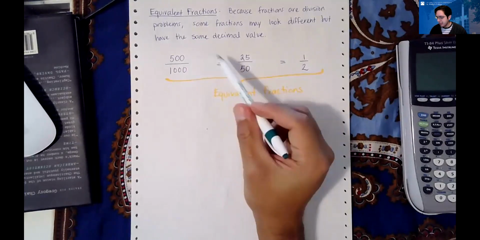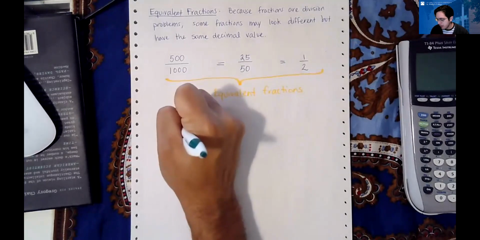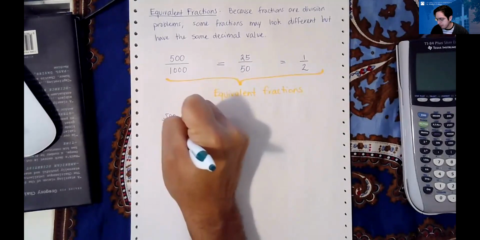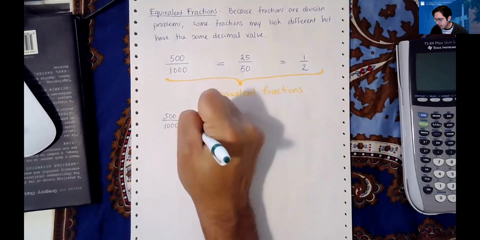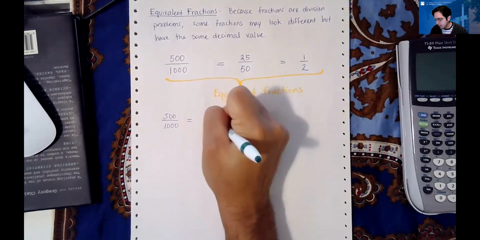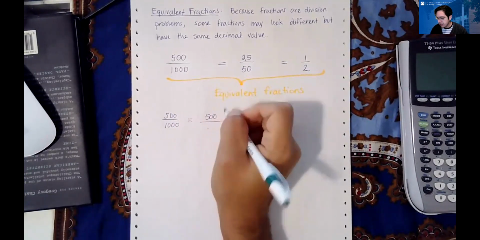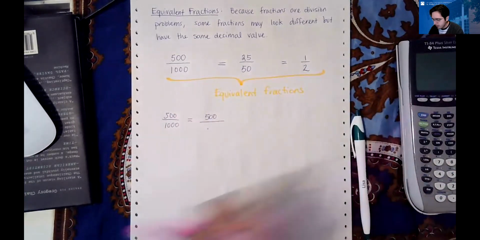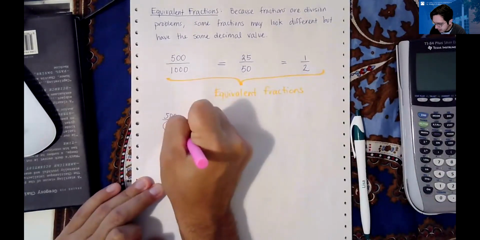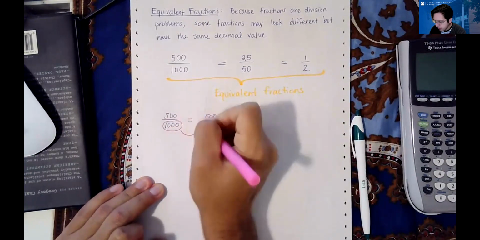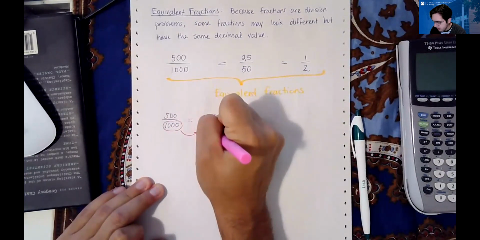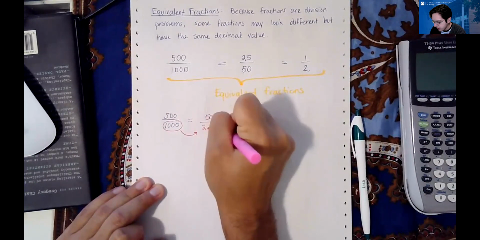Okay, what do I mean by that? Well, if we just take a look at 500 over 1,000, I could say, let's leave the 500 alone and convert my 1,000 and rewrite it as 2 times 500.